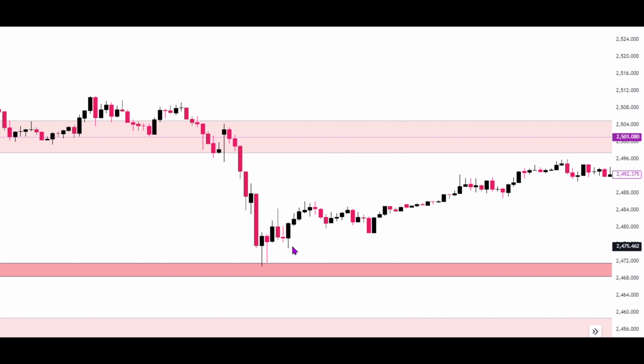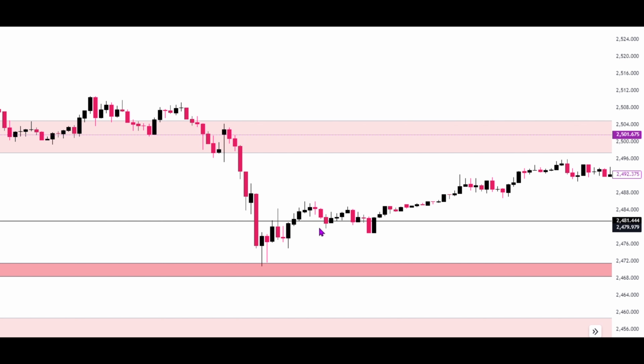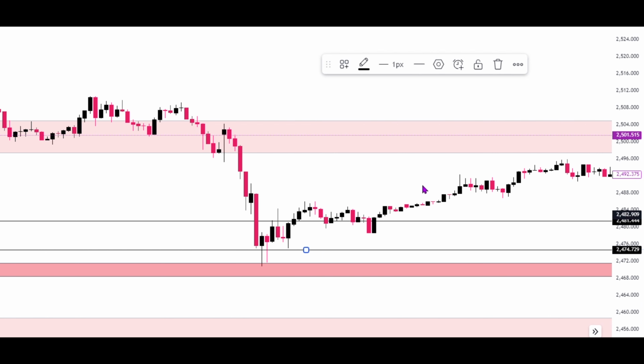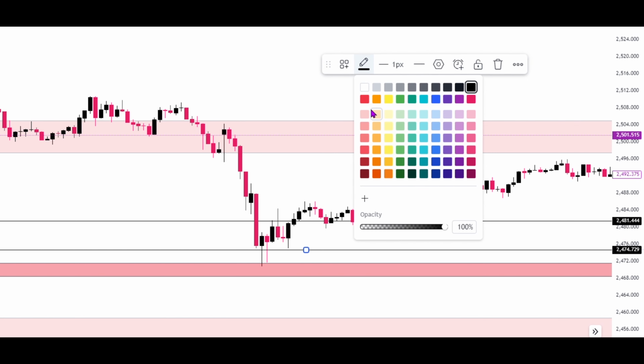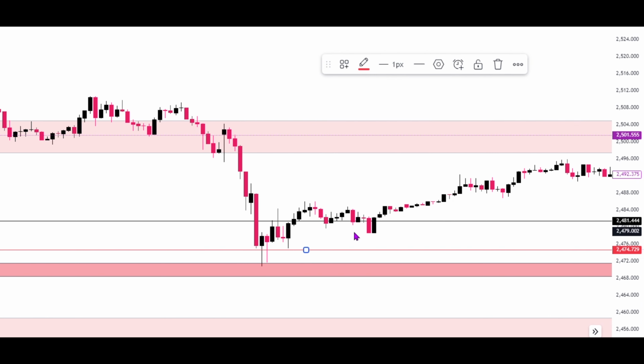Then quickly I'll take my first entry with the closure of this bullish candle right here, indicated with the black horizontal line. Then I'll place my stop loss at the low of the bullish candle right there. Let me change this to red to indicate where I'll put my stop loss.